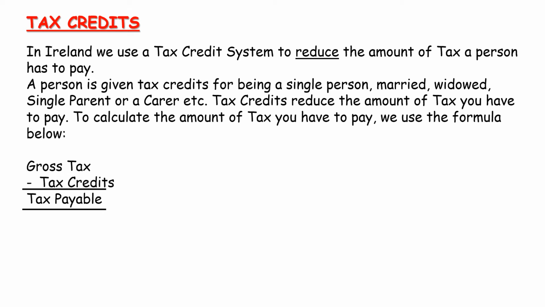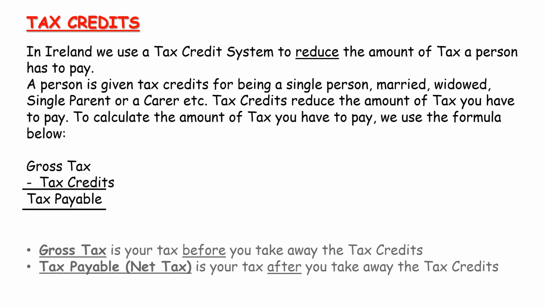You have an amount that should be paid, but your tax credit pays part of it. So it always reduces how much tax you have to pay. Gross tax is your tax before you take away the tax credits, and tax payable or net tax is the tax after you take away the tax credits.